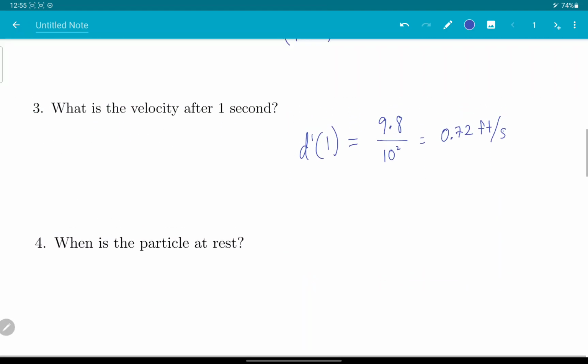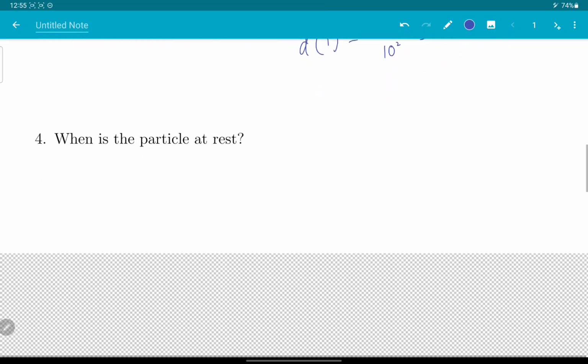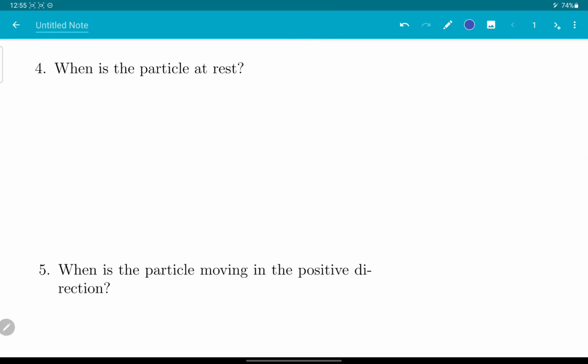4. When is the particle at rest? Well, I'm going to take my derivative and set it equal to 0. Okay, at rest means velocity is 0. So what do I got? 9 minus t squared all over blah blah blah. So this equals 0.